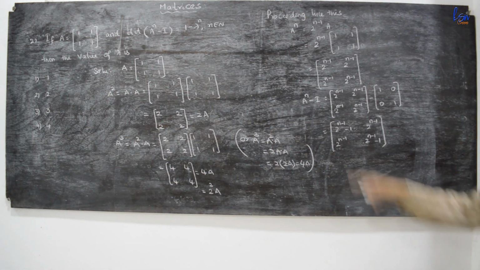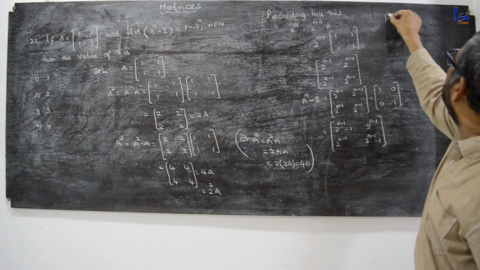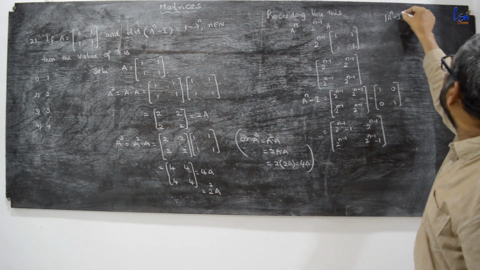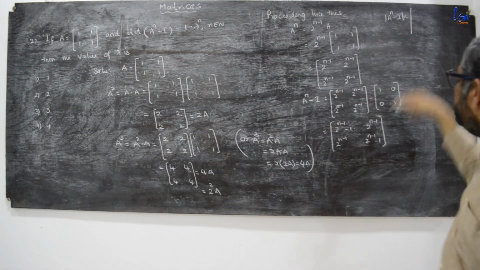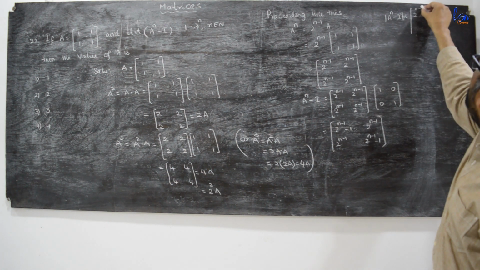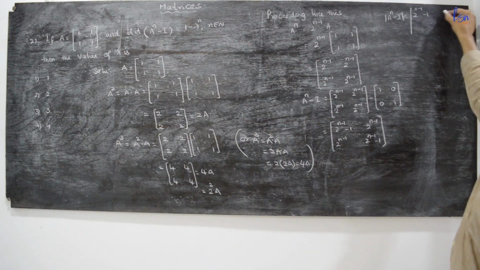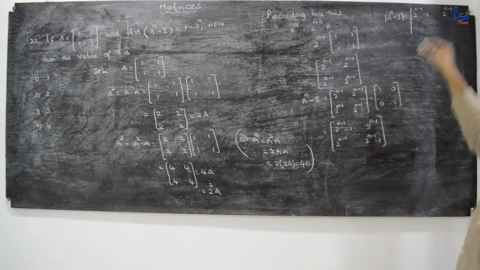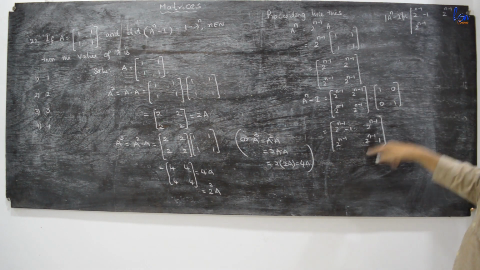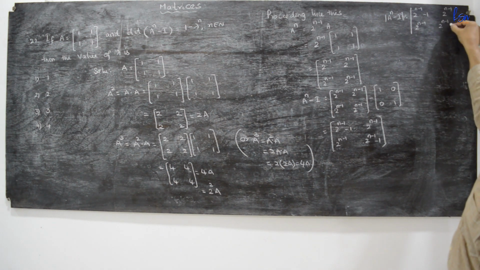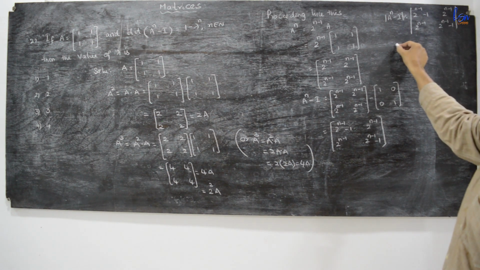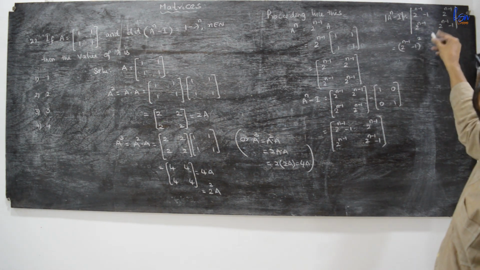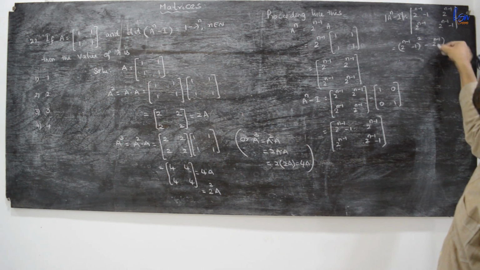Now det of A power n minus I is equal to the determinant of [[2^(n-1) minus 1, 2^(n-1)],[2^(n-1), 2^(n-1) minus 1]]. This is nothing but (2 to the power of n minus 1 minus 1) whole square minus (2 to the power of n minus 1) whole square.